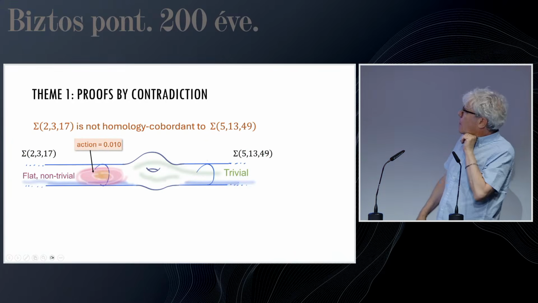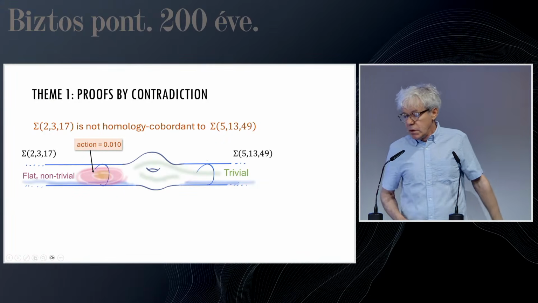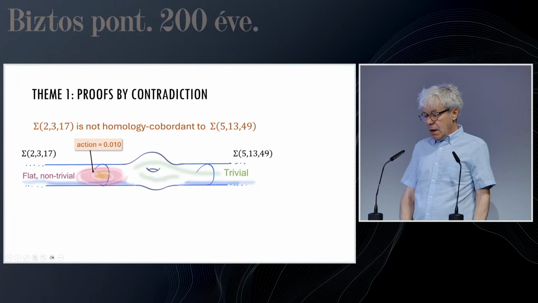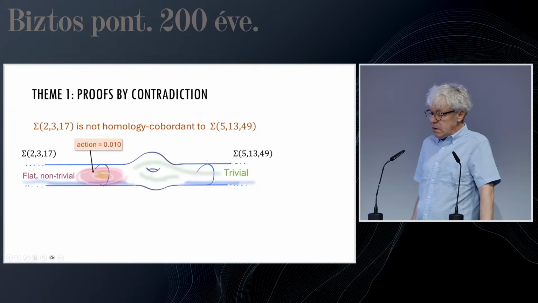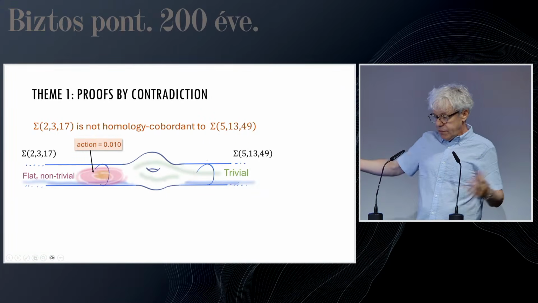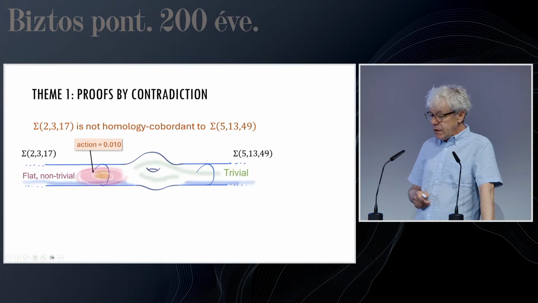In the middle now, we're supposing there's a homology cobordism between these two manifolds. And we put one half cylinder on the other end, one half cylinder on the first end, with these two different homology spheres.